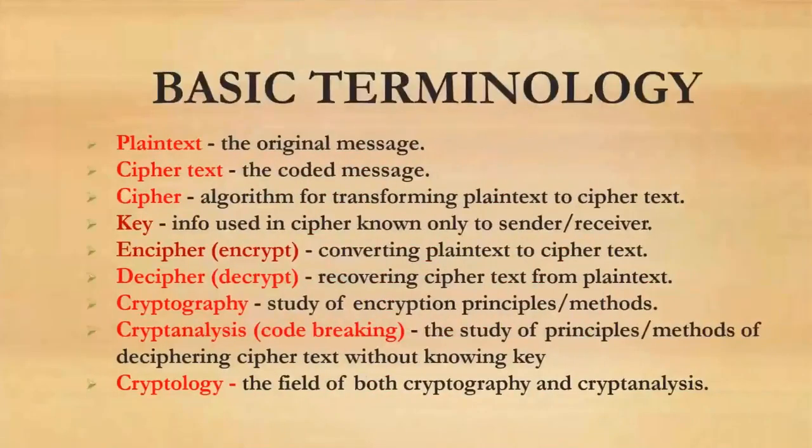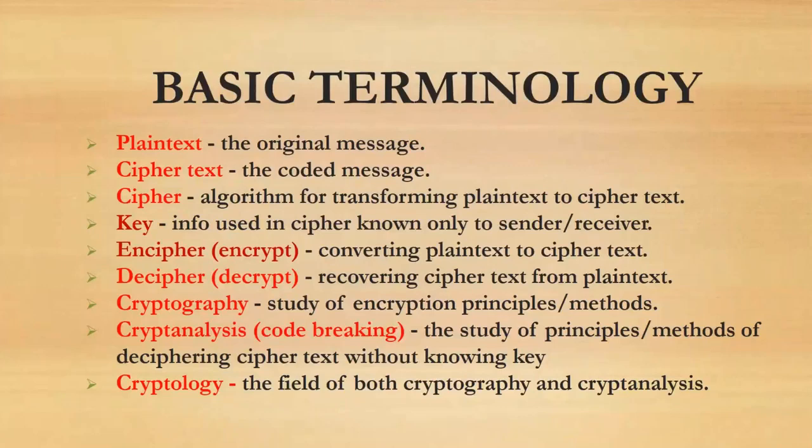Here are some basic terminologies which are important to understand in cryptography. Plain text is the original message and ciphertext is the coded message. Cipher is an algorithm for transforming plain text to ciphertext, and key is information used in the cipher known only to sender or receiver.